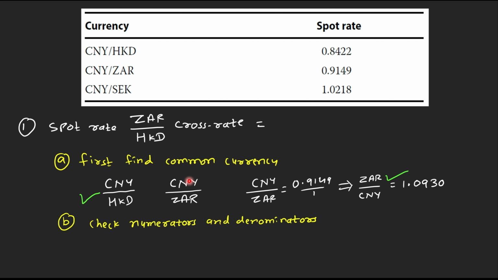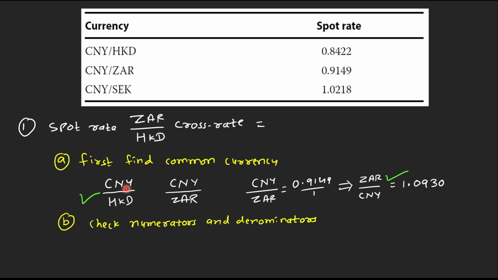We have CNY over ZAR available, but ZAR is in the denominator, so we want to convert that into the numerator. It's going to be ZAR over CNY. We can just flip it: 1 divided by 0.9149 gives 1.0930. Then we need HKD in the denominator.